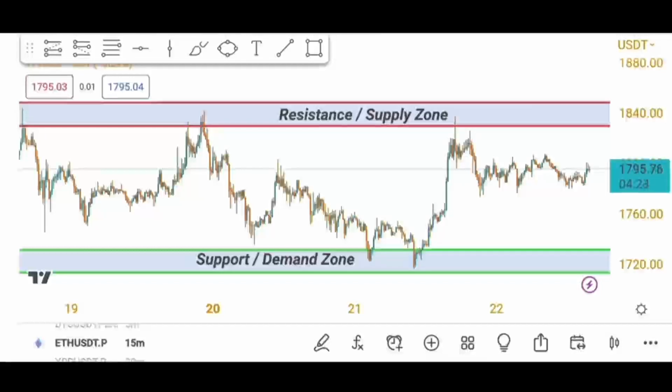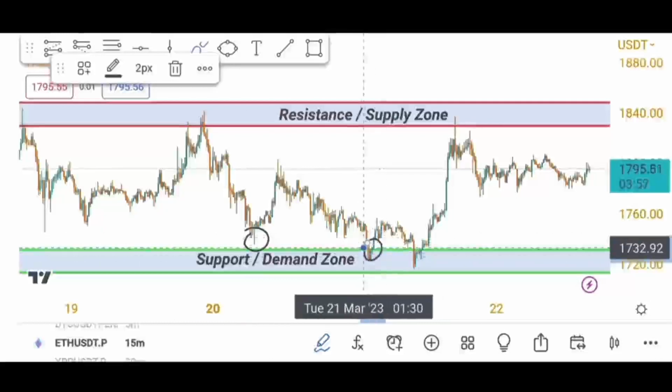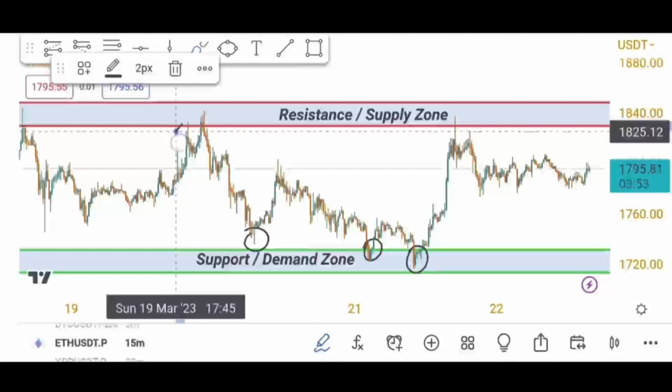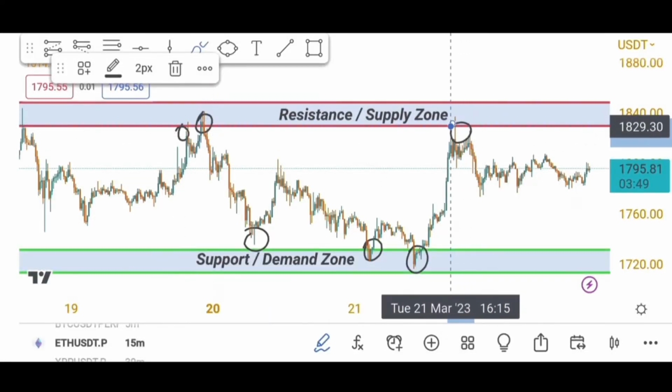Support levels are typically found at the bottom of a price chart, while resistance levels are typically found at the top. To identify a support level, look for an area where the price has bounced back up multiple times. On the other hand, to identify a resistance level, look for an area where the price has failed to break through multiple times.